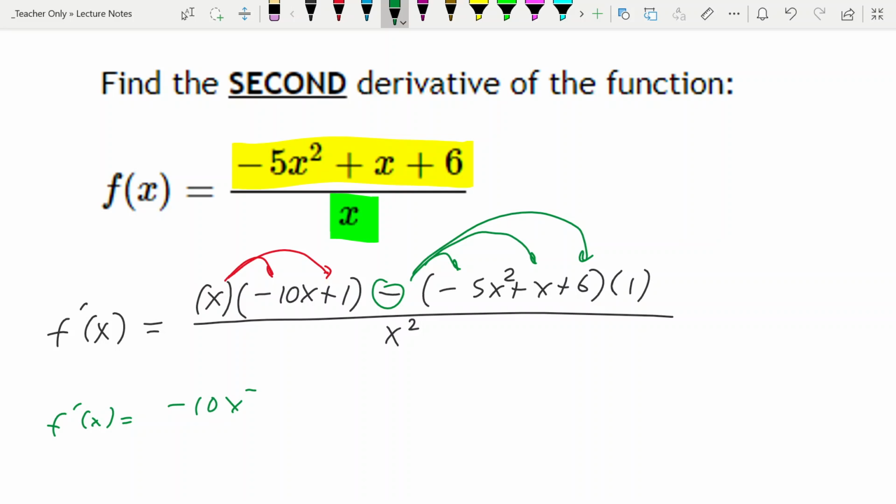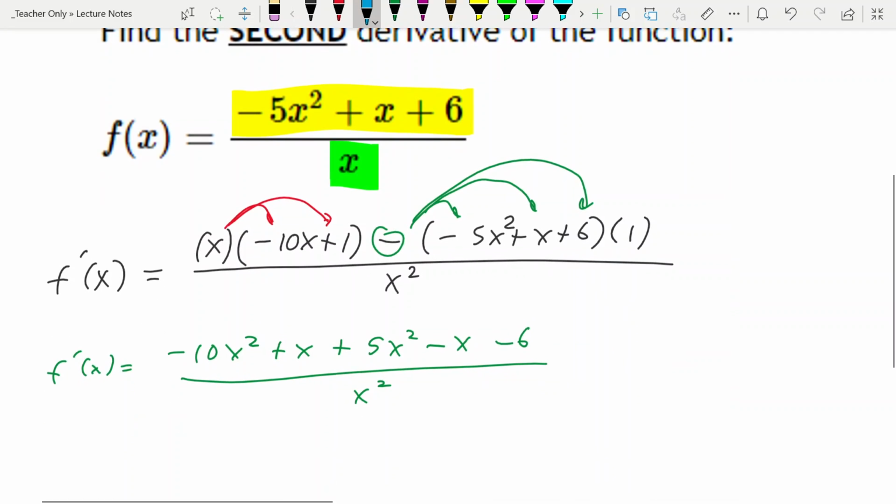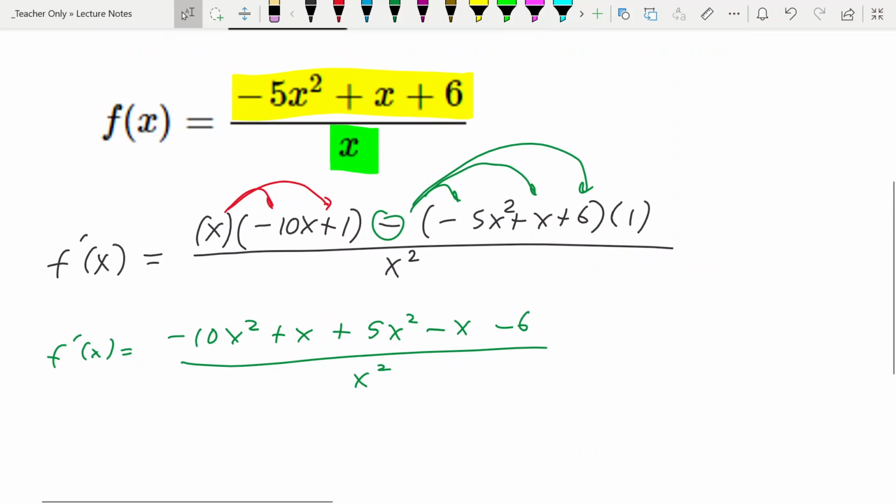resulting in negative 10x squared plus x plus 5x squared minus x minus 6 all over x squared. Now, of course, we're going to want to combine like terms before we take our next derivative, just to make things a little simpler. So I'm going to go ahead and look for my x squareds and combine those, resulting in negative 5x squared.